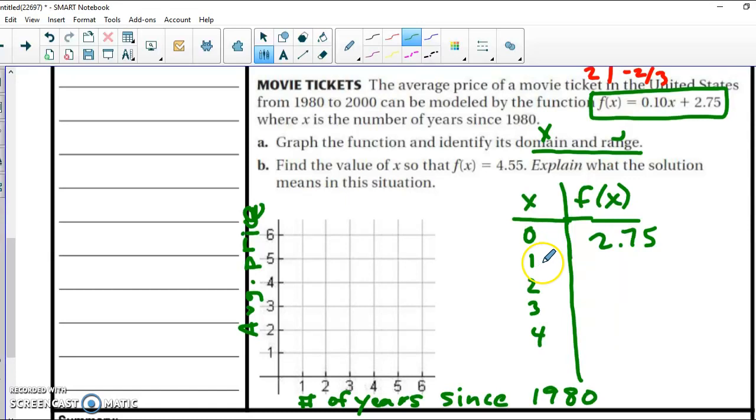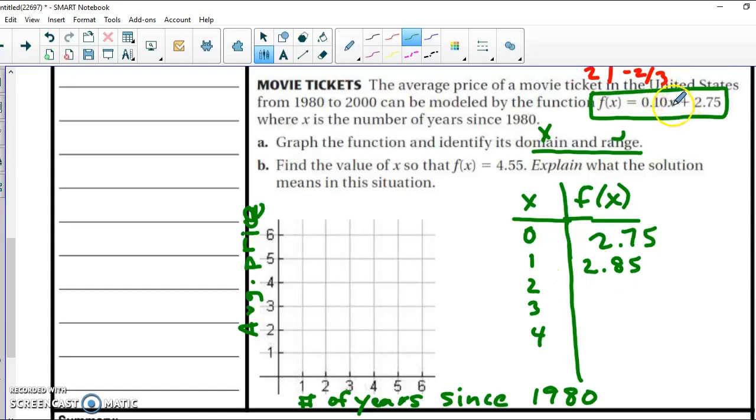As I substitute 1 in here, 1 times 1/10 is a tenth plus 2.75 is 2.85. And since I know we're talking money here, I'm just going to refer to it as money. So we have $2.85.